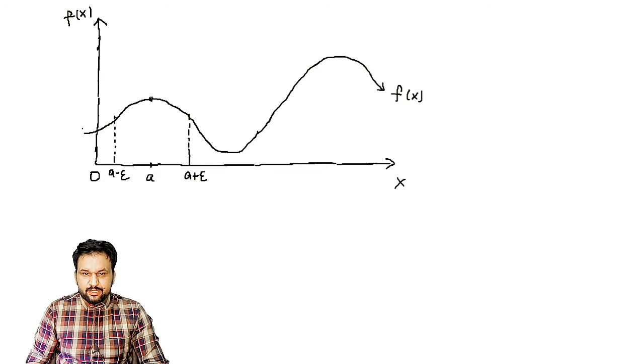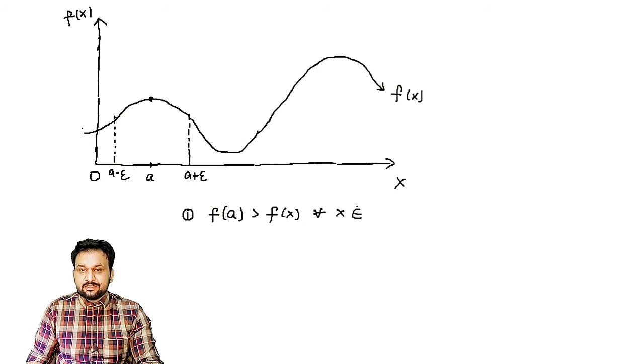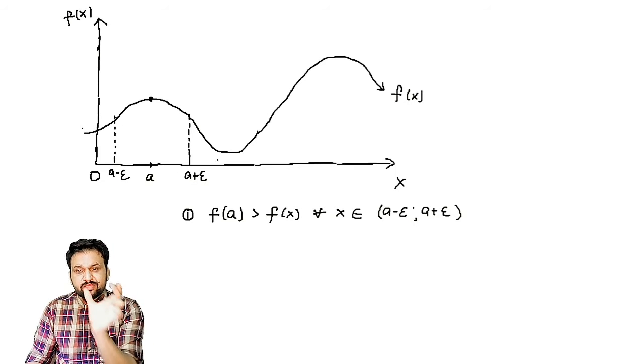At this point your function is giving the maximum value. So f of a is greater than f of x for all x belonging to this interval, whatever the interval you have, like a to b, 1 to 4, but a specific interval will be there.